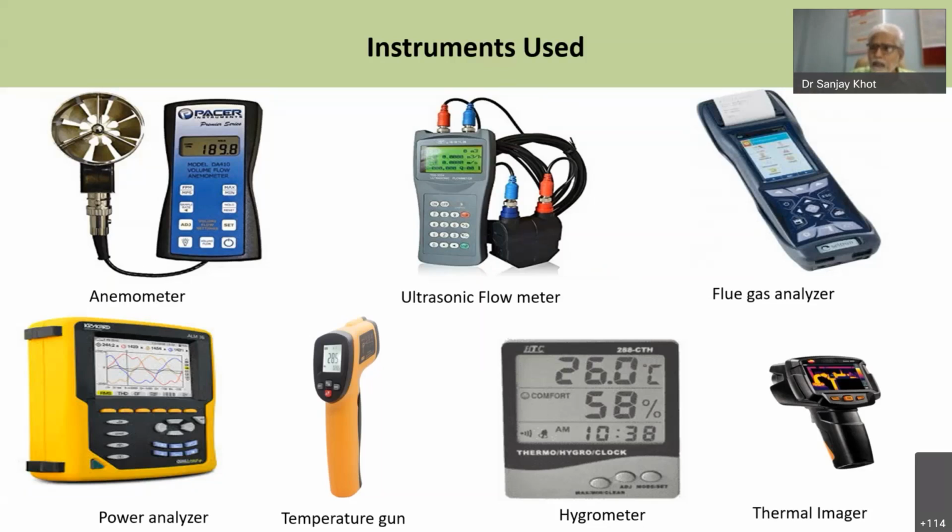We need to measure that, because for most components and appliances, if the temperature goes above the threshold limit, the life of that machine or component is reduced and deteriorated.